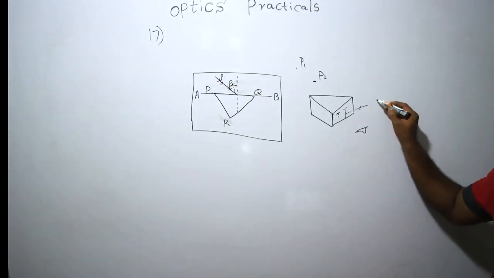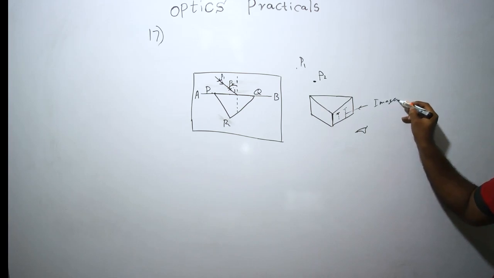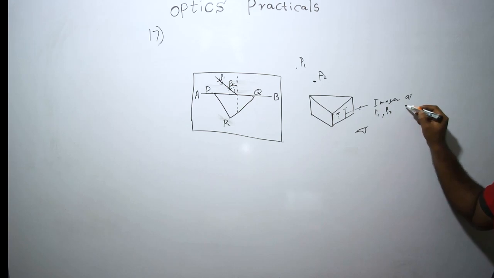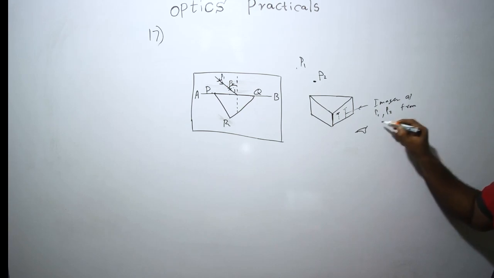So these are images of P1, P2 from the QR side.